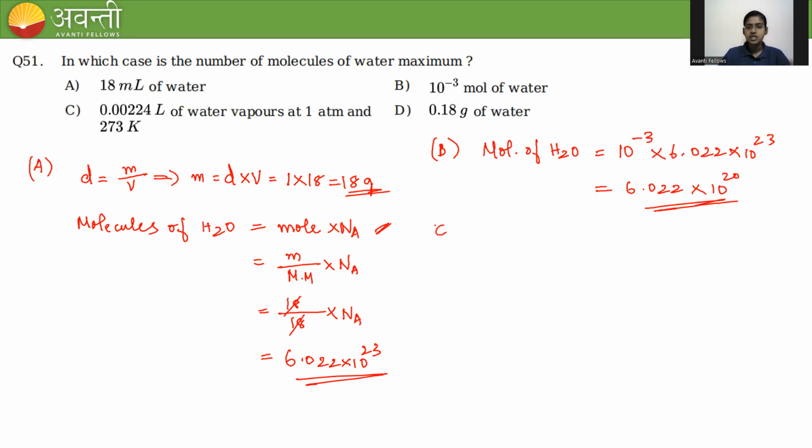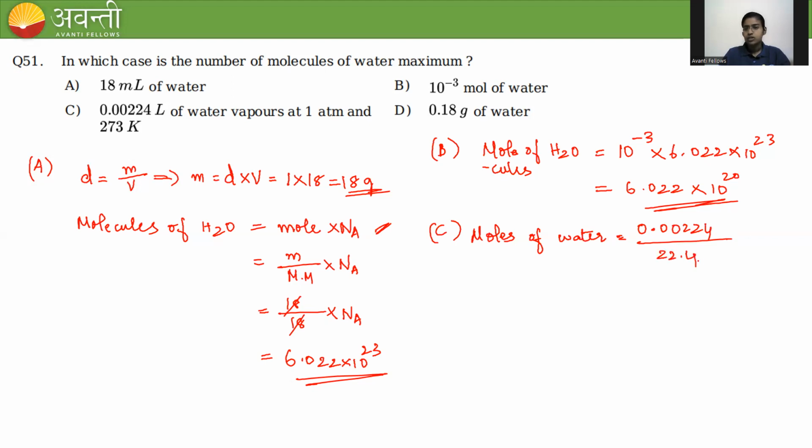And in option C, we have 0.00224 liter of water vapors at 1 atmospheric pressure and 273 Kelvin. To find the moles of water from this, the formula is volume by the molar volume.